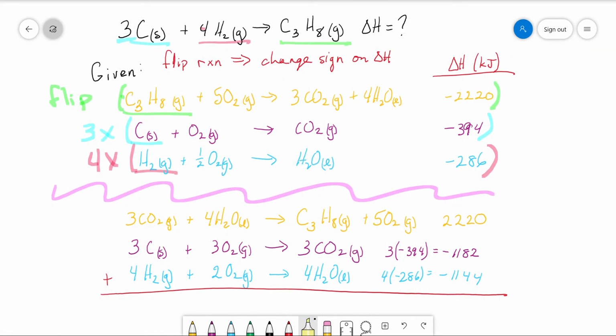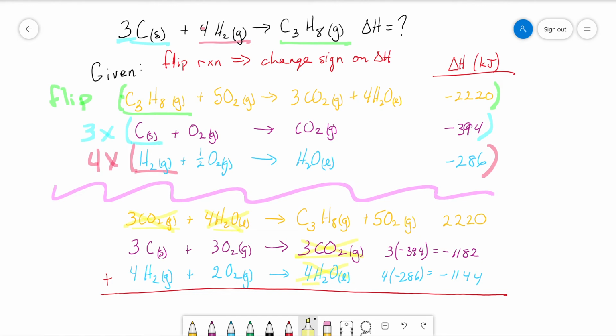Look at the black reaction up on top and the 3 on the bottom. I see 3CO2 gas here as a reactant, and here it's as a product. I can cancel those out. 4H2O as a reactant, and down here 4H2O as a product. Cancel those out. Opposite sides of the arrow, they cancel.